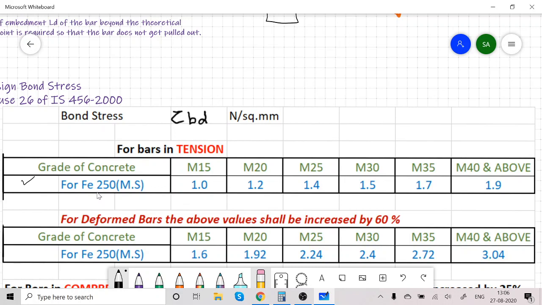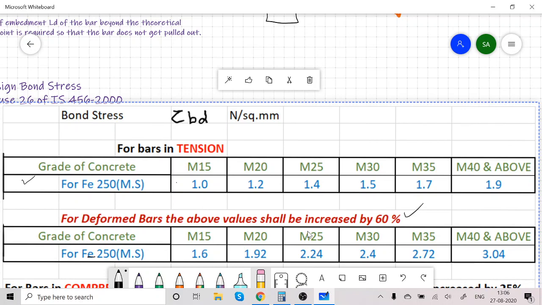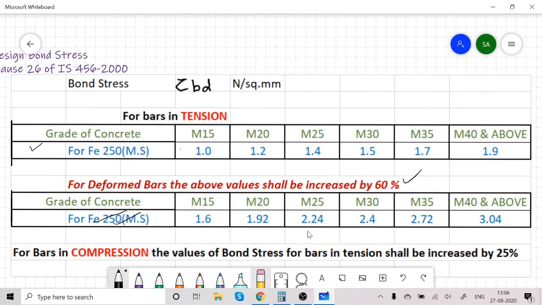For deformed bars, that is for torque steel, Fe415 or Fe500, the values given in this table are to be increased by 60%. So after increasing these values by 60%, these values are for torque steel, deformed bars.